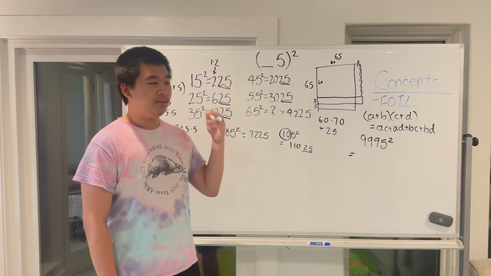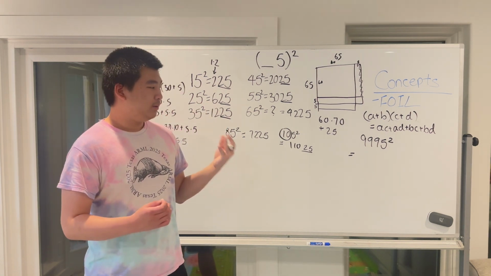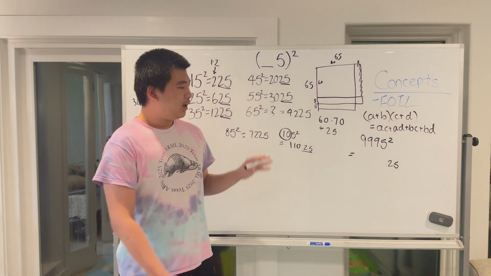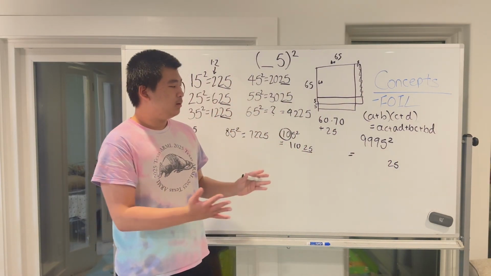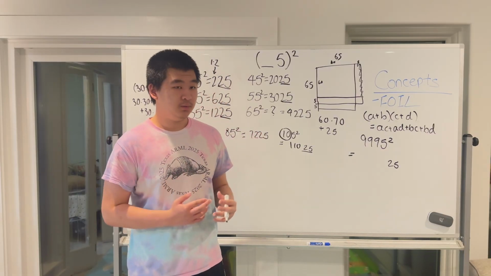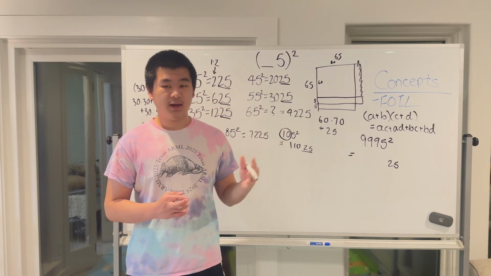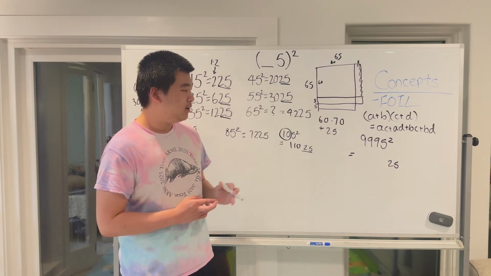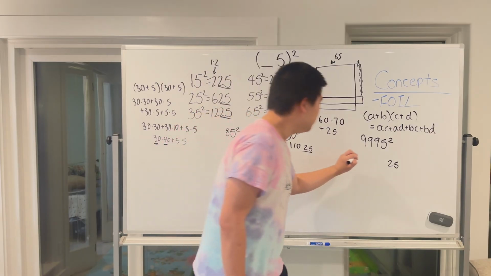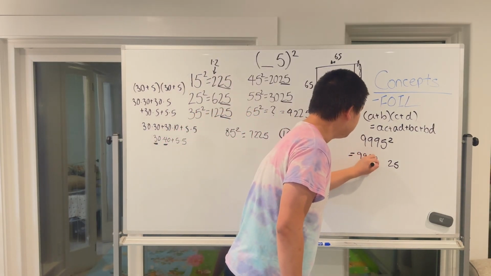But once we know this trick, it becomes super easy because what do we know? It's going to end in 25 again, obviously. And now, what are the first 6 digits? Well, it's going to be 999 times 999 plus 1. And 999 plus 1 is 1,000, which is so nice to multiply by. And so 999 times 1,000, so our first digits are just going to be 999000.